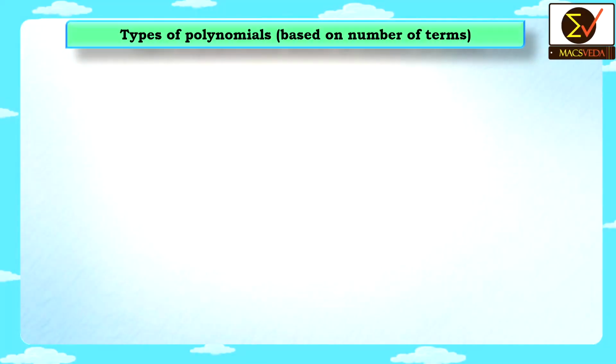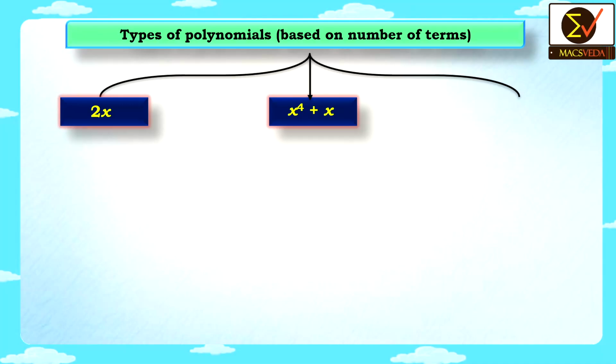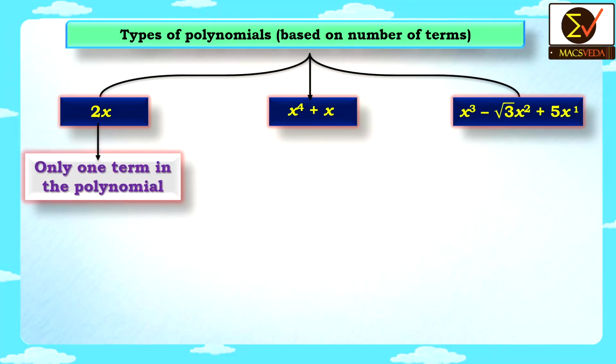Now how can you classify polynomials? We can classify polynomials based on how many terms the polynomial contains. Look at this polynomial. It has a single term, the next has 2 terms, and the third one has 3 terms. So a polynomial having only one term is called a monomial.